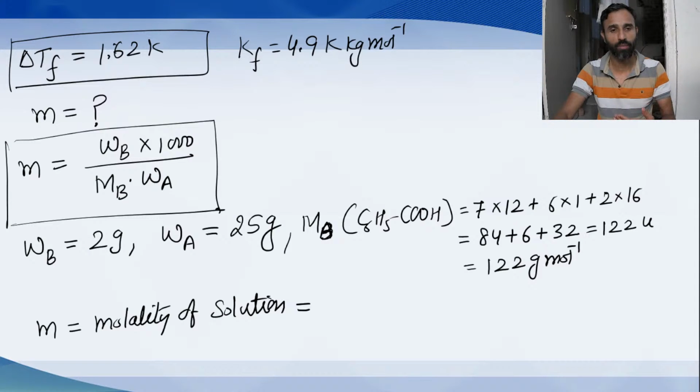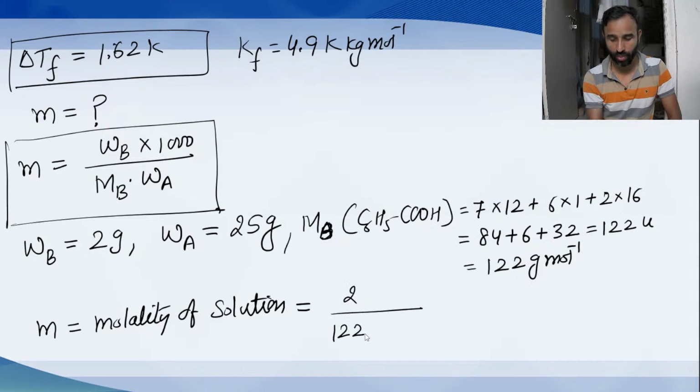Just calculate small m first. Put the values: WB 2, MB 122, WA 25 into 1000. So it is 2000 divided by 122 divided by 25.